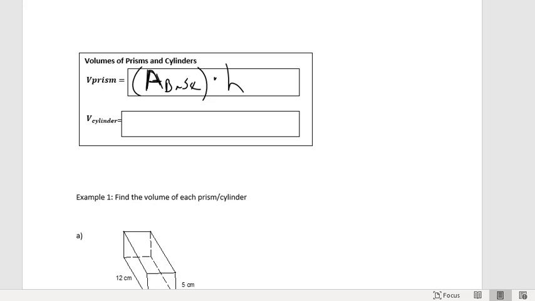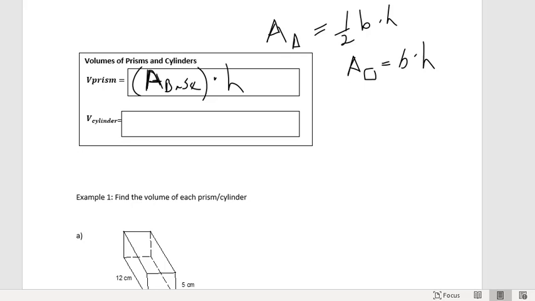So we can do the same idea here with a triangular prism. It would be the area formula for a triangle. Remember that if it's a triangle, it's 1/2, not pi, 1/2 base times height. If it is a rectangle or square, it's base times height.